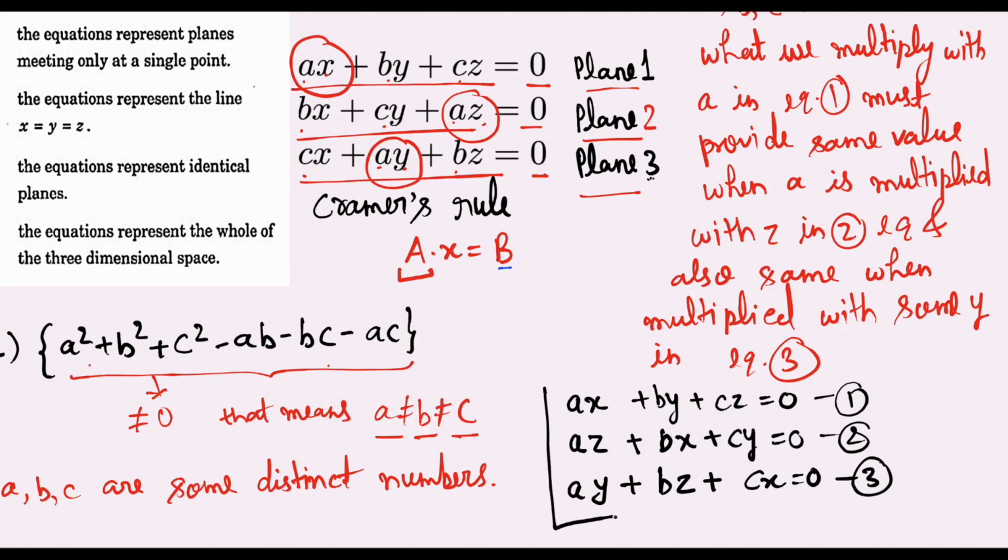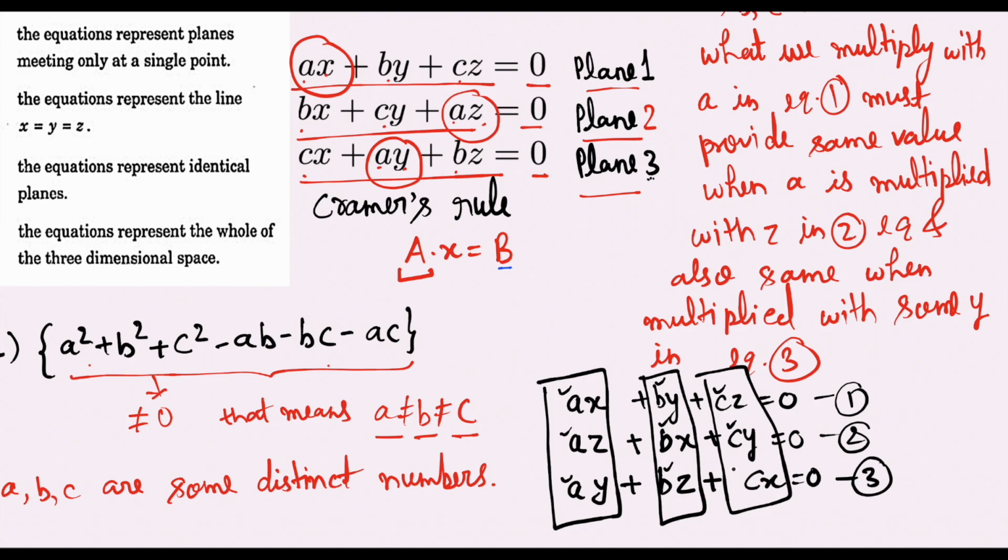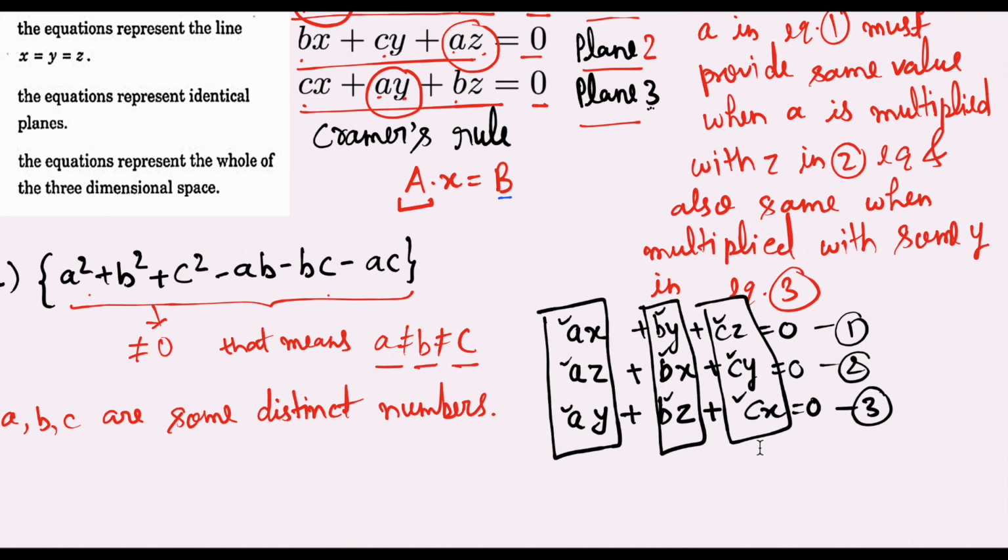So for the first term in all three equations to give an output of the same value, as a is going to be the same, x, y, z must be the same. Also for the second position term, by, bx, bz must have the same value because b is going to be the same, and the same goes with the c.